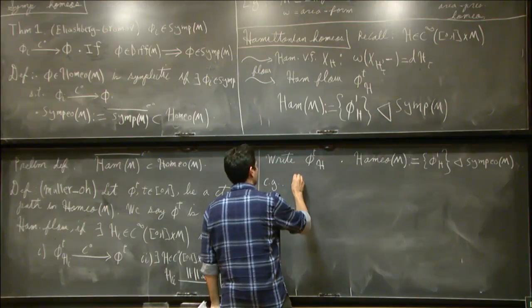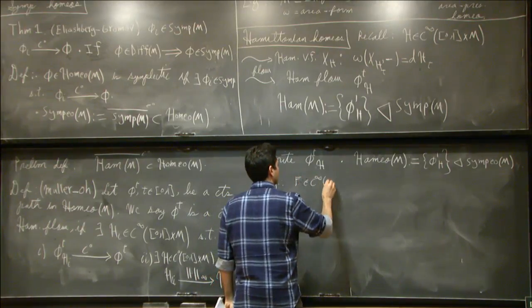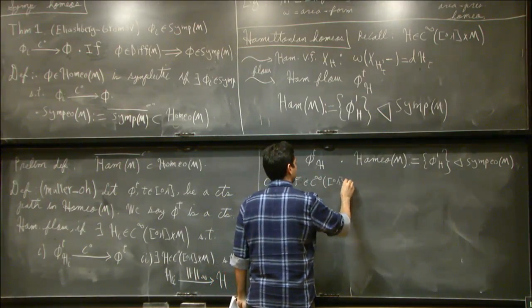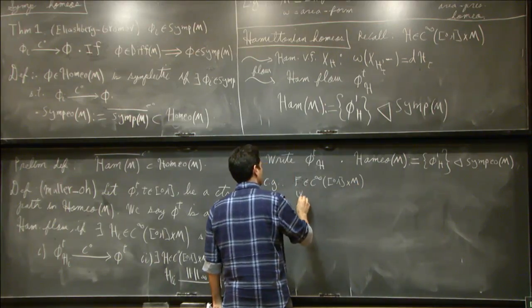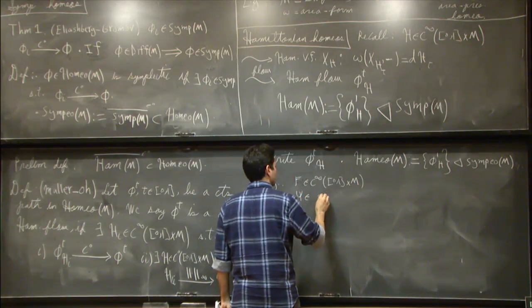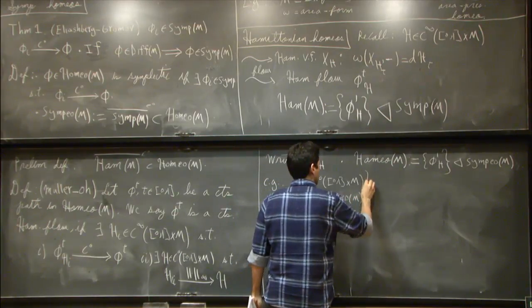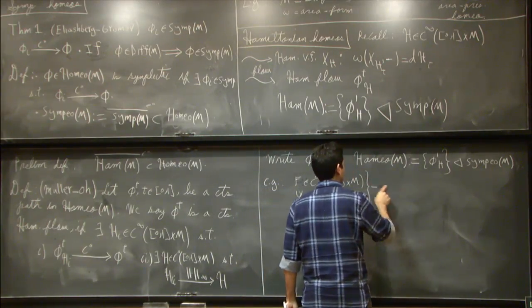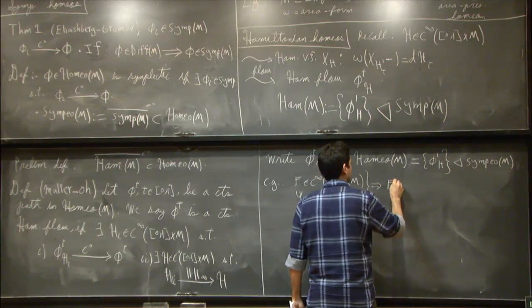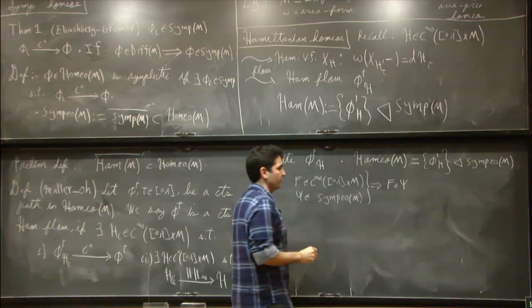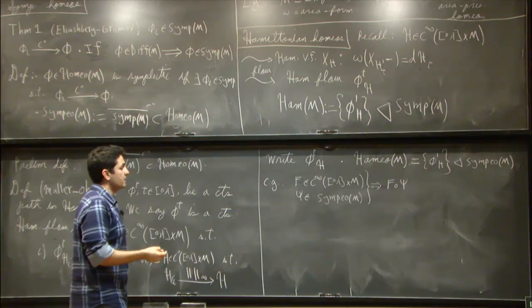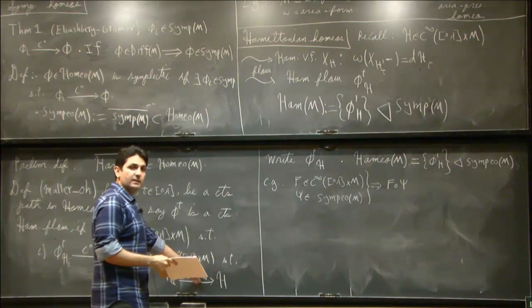Take f to be a C infinity function, a C infinity Hamiltonian, and then psi to be a symplectic homeomorphism. Then the pullback of f by psi, f composed with psi, is a Hamiltonian in the sense of this definition.